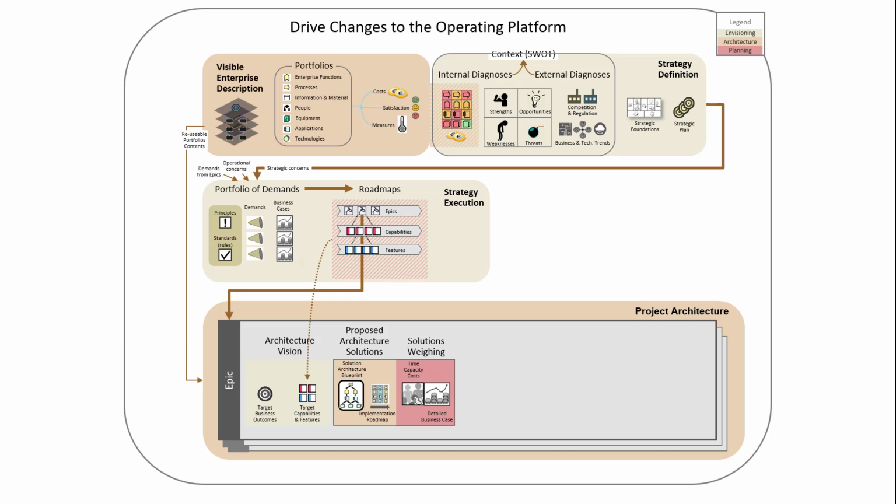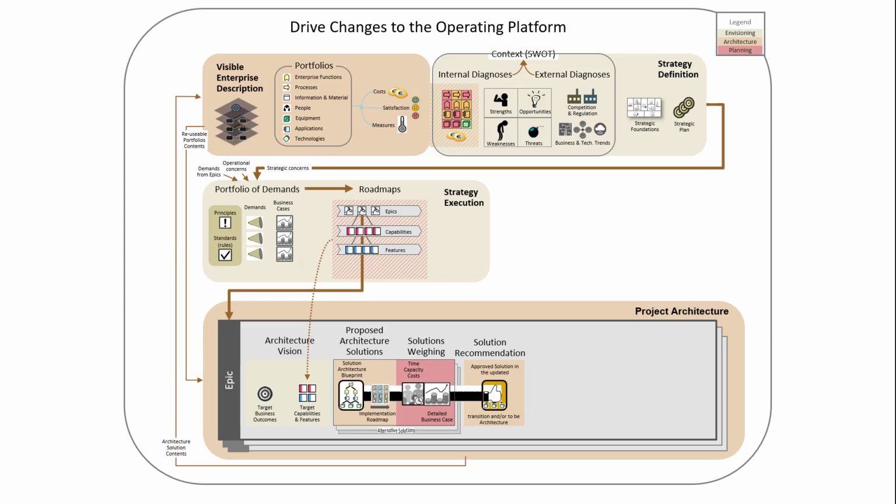To create your architecture solution, you can reuse items from the enterprise description. Alternative solutions need to be compared. One solution gets recommended, and hopefully the recommended solution gets approved.